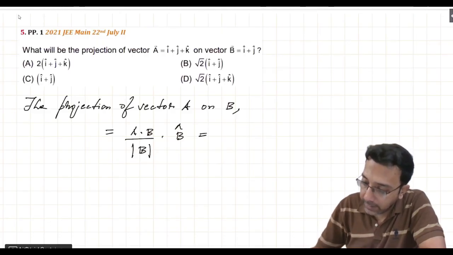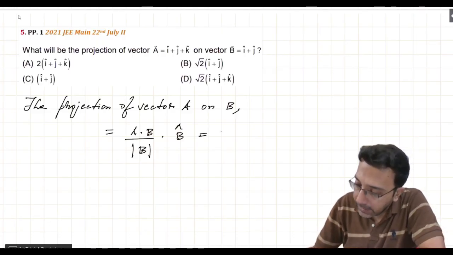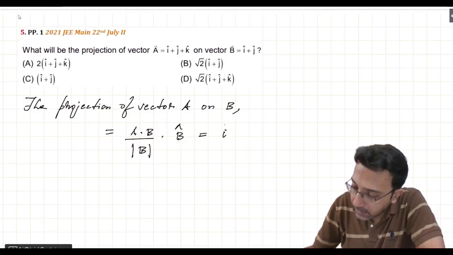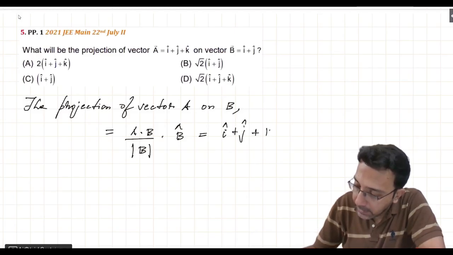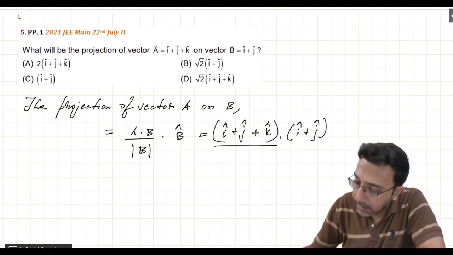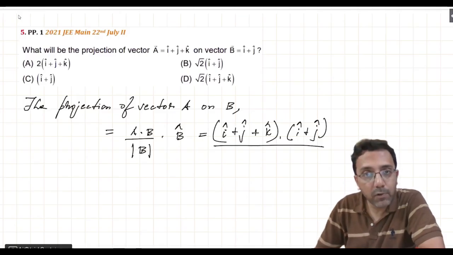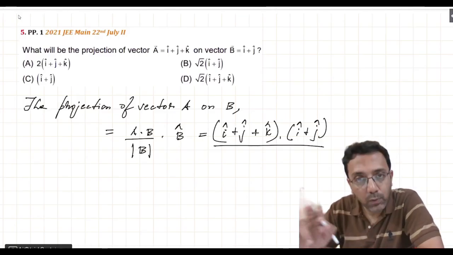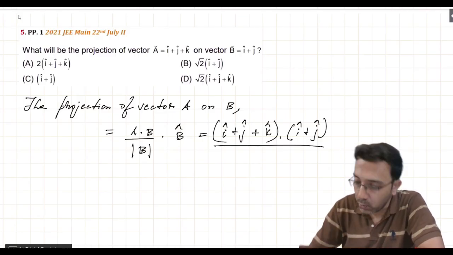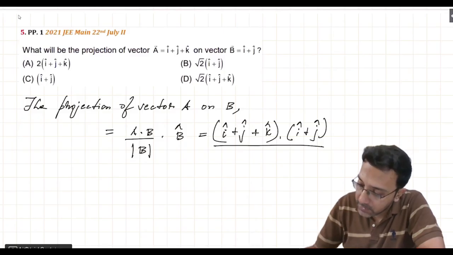So I can write that A dot B is i plus j plus k dot i plus j, divided by mod of B. Mod of B, it is i plus j, so root over 1 plus 1, so mod of B becomes root 2.